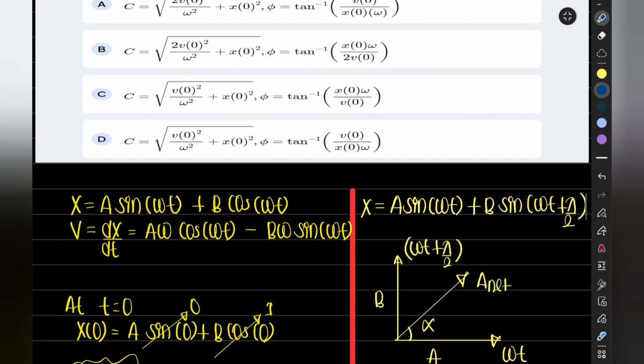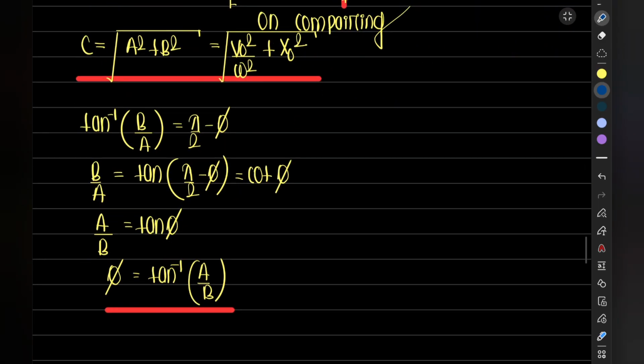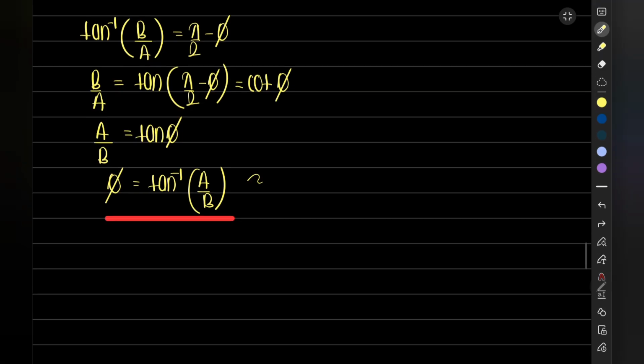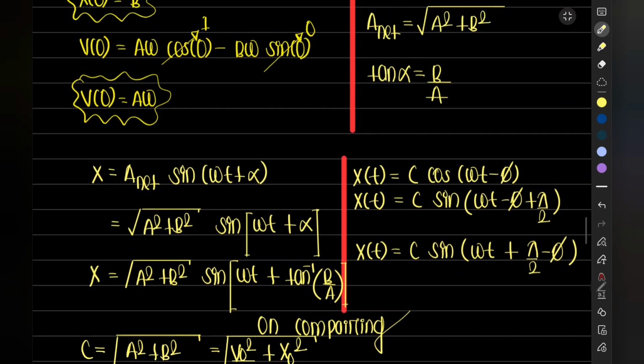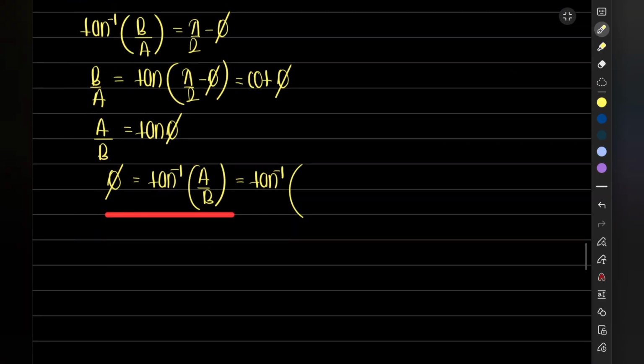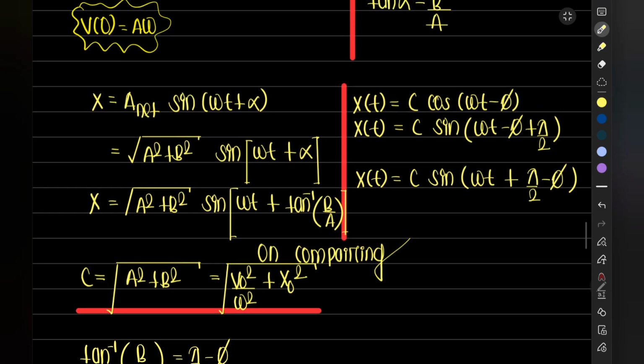Our phi is again this a and b, we need to convert in terms of a and b, because in the options they are in terms of a and b. Just 1 minute it will take. So tan inverse value of a, how much we have? Value of a is basically, as we have found earlier, v naught by omega. So v naught by omega, and value of b, how much we have?